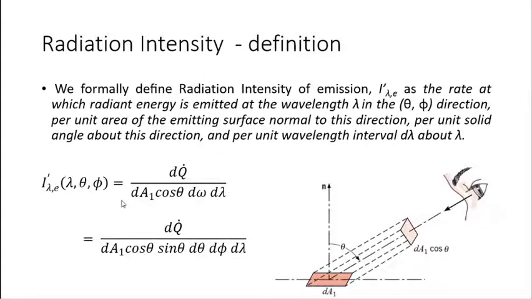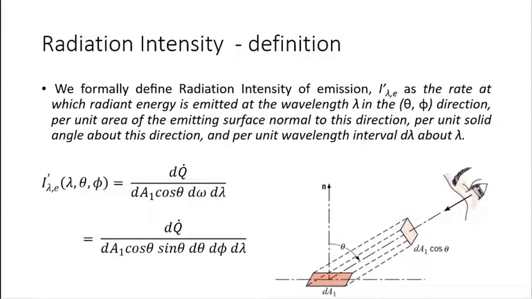That's why you have a dA1 cos theta here, and per unit solid angle d omega, which can be written as sine theta d theta d phi, which is the definition of solid angle that we looked at earlier, and d lambda. So the basic definition of radiation intensity is I prime lambda E is dq dot divided by dA1 cos theta sine theta d theta d phi d lambda. So this is the basic definition of radiation intensity.